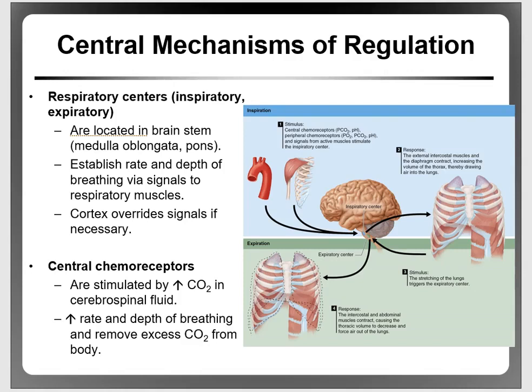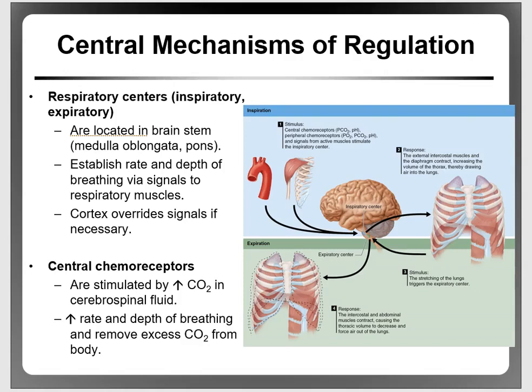And then number 2, on the right-hand side there, you see the response. The response is for the external intercostal muscles and the diaphragm to contract, increase the volume of the thorax, and draw air into the lungs. As far as the expiration at the bottom, the stimulus there is the stretch of the lungs, and that triggers the expiratory center.